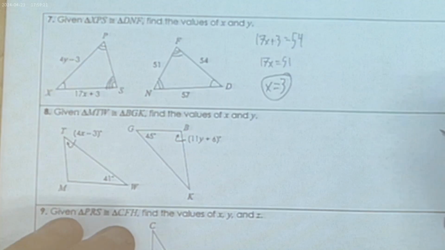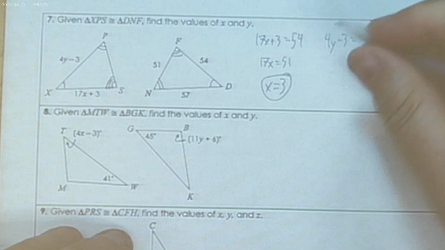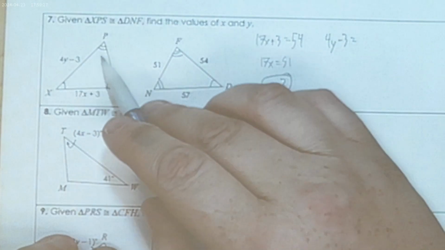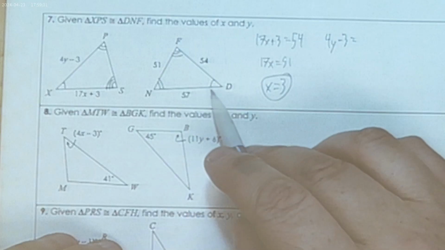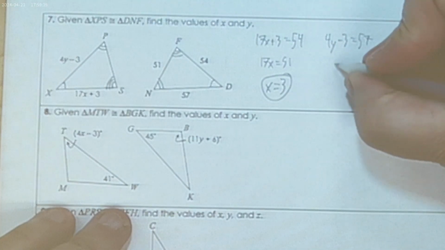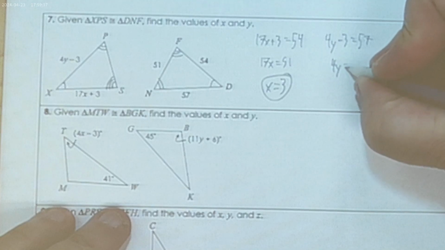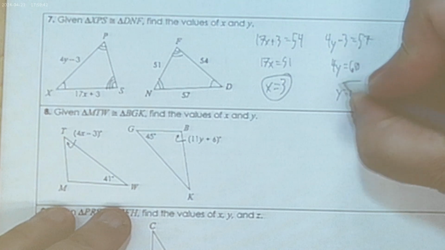All right. So for 4y minus 3, that is between reference angles 1 and 2. Between reference angles 1 and 2 is the value 57. So moving everything around, that gives me 4y equals 60, y equals 15.